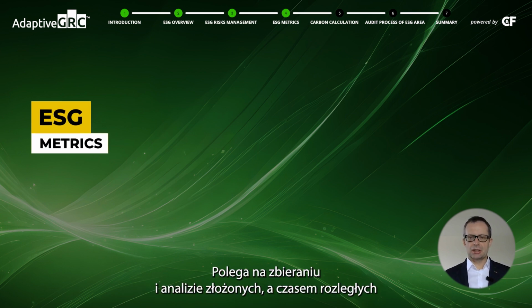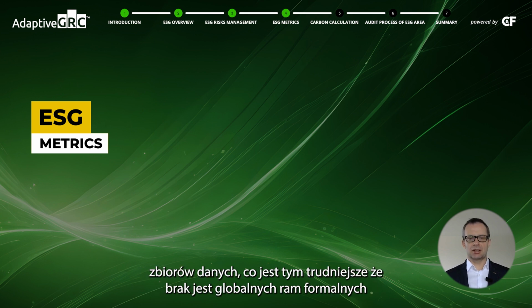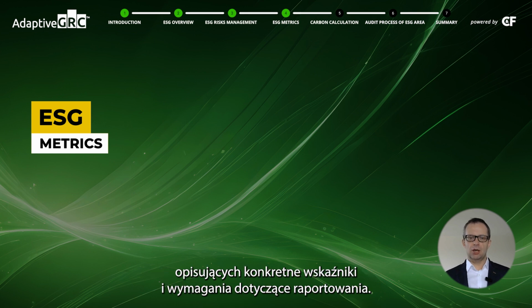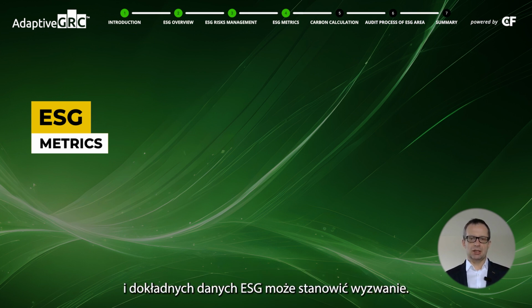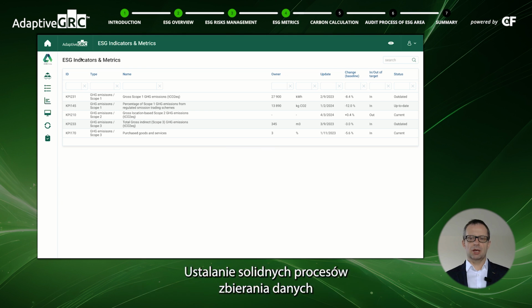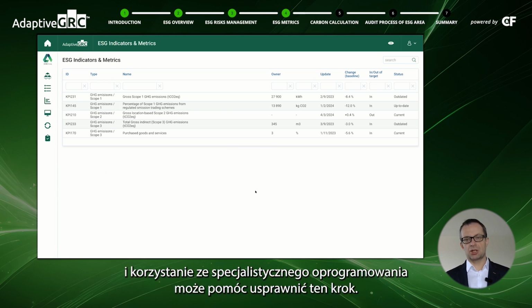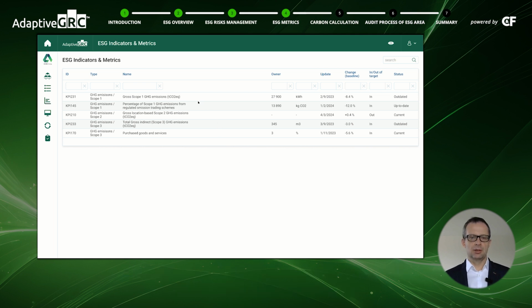It involves the collection and analysis of complex and sometimes vast data sets, made more difficult by the lack of a global formal framework outlining specific metrics and reporting requirements. Collecting comprehensive and accurate ESG data can be challenging. Establishing robust data collection processes and using specialized software can help streamline this step.